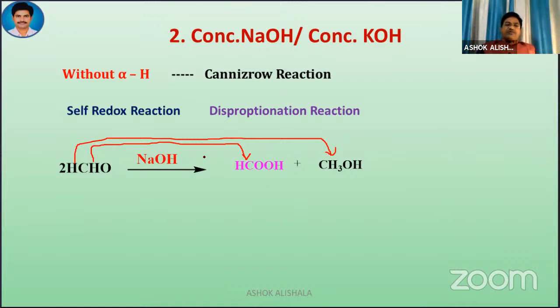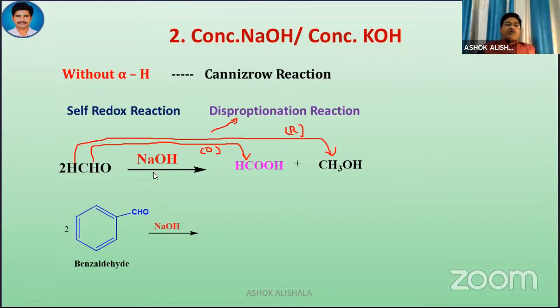Remember one important point: conversion from aldehyde to carboxylic acid or formic acid is called oxidation, and conversion of formaldehyde into methyl alcohol we call reduction. This means a single compound undergoes both oxidation as well as reduction. This type of reaction is said to be a disproportionation reaction or self-redox reaction.